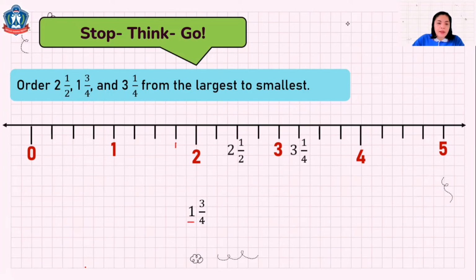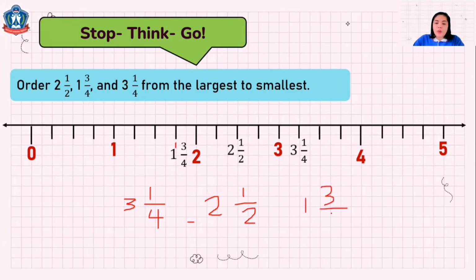It's around here. Okay, so this is the correct order of these 3 mixed numbers. Our largest is 3 and 1/4, followed by 2 and 1/2, and the smallest is 1 and 3/4. So this is the correct order of these mixed numbers from largest to smallest.